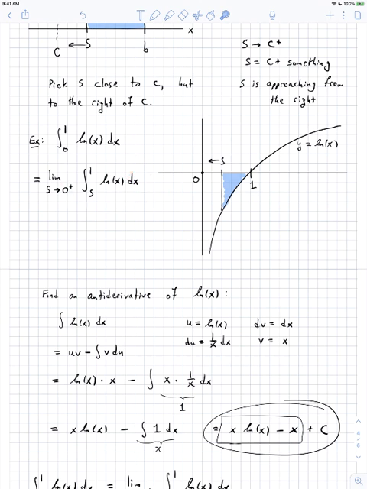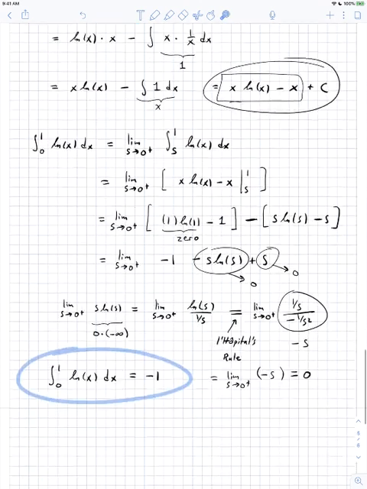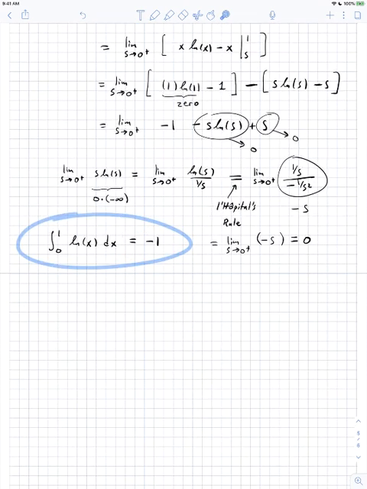But this is a definite integral. The function is negative, so you don't get area, you get the opposite of the area. So the area is 1, but the result is negative 1. So that's an example of an improper integral where you have a discontinuity at the left endpoint.